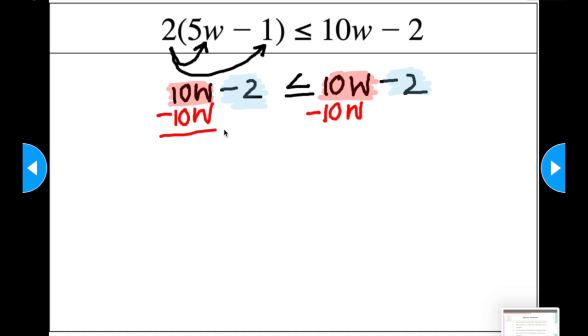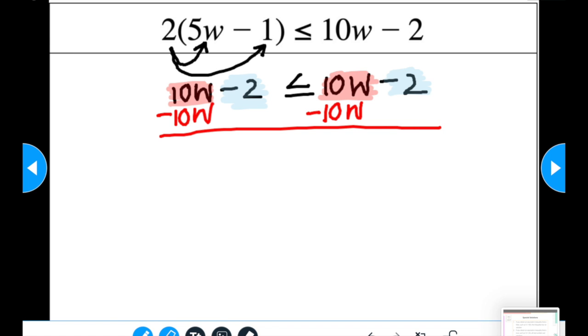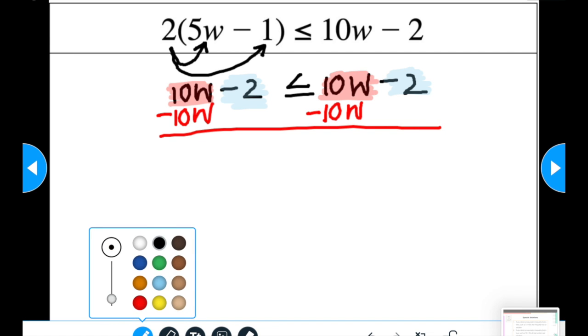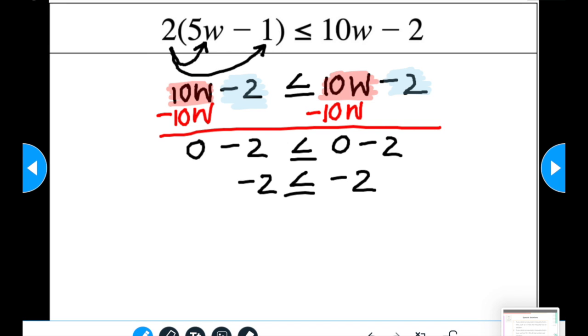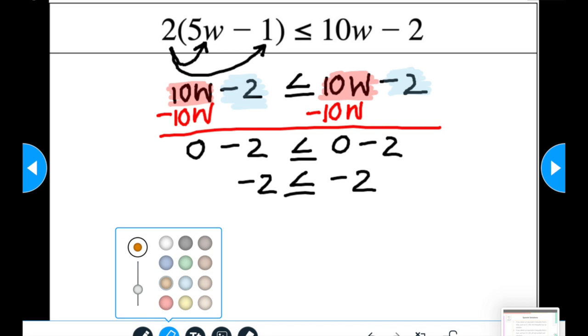When I do that, I'm just left with 0 minus 2 is less than or equal to 0 minus 2, and so negative 2 is less than or equal to negative 2. Now, negative 2 is not less than negative 2, but it is equal to it.